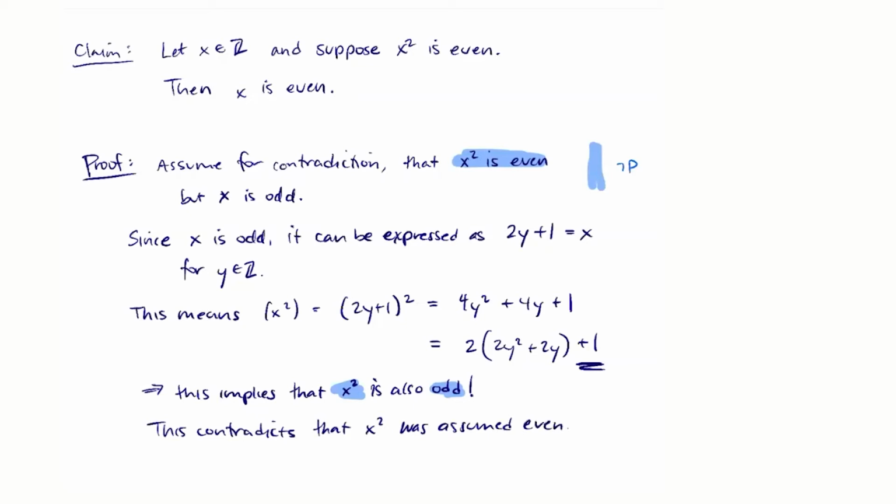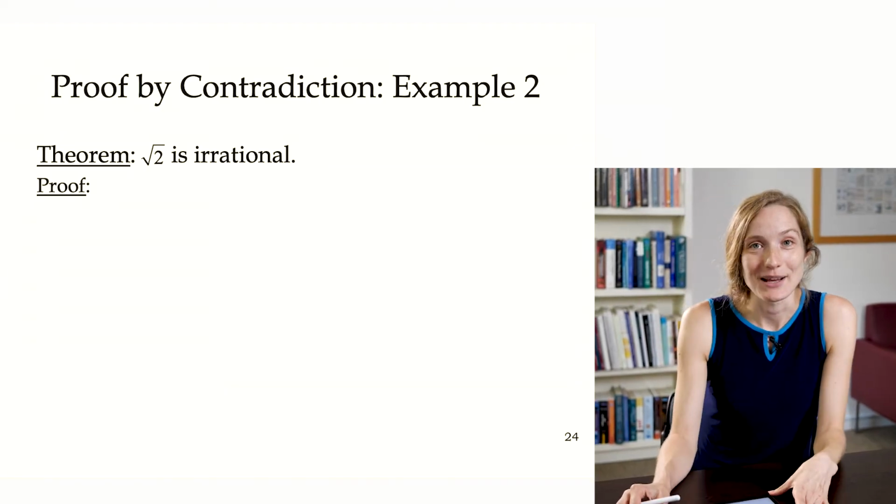Thus, it must be that if x squared is even, then x is also even. So this is the contradiction, and therefore we can conclude, since we showed not P implies false, that P must hold.